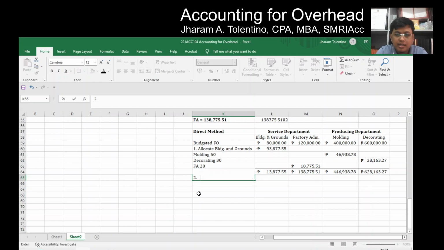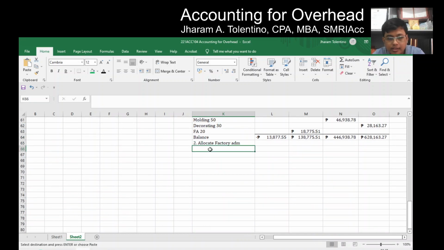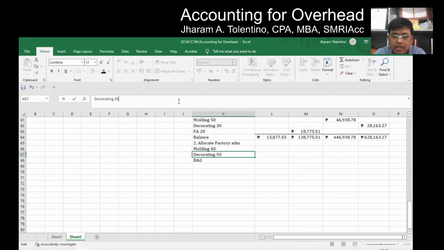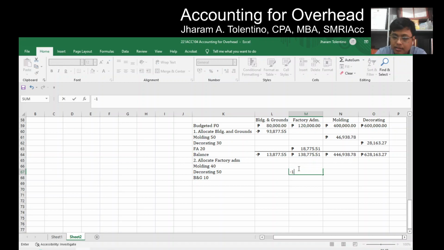Okay. So, number 2, allocate factory out. Okay. So, paano yun? Ito siya. This is 40. This is 50. This is 10. So, si factory admin, this is minus 138,775.50.